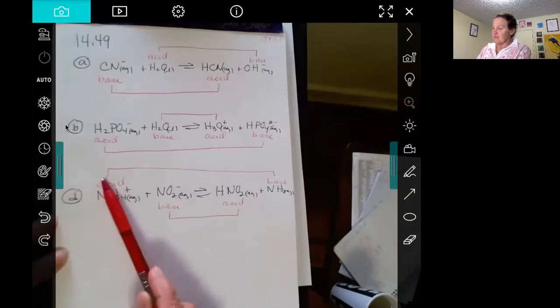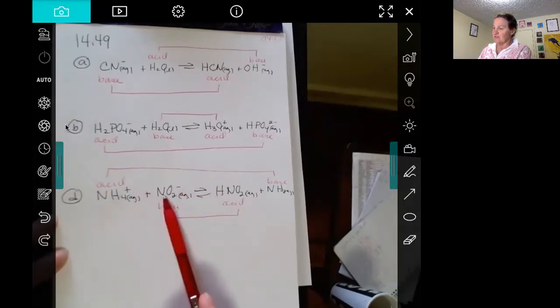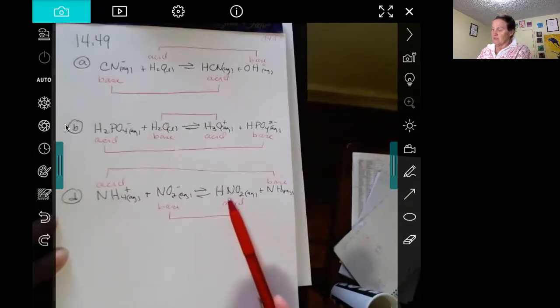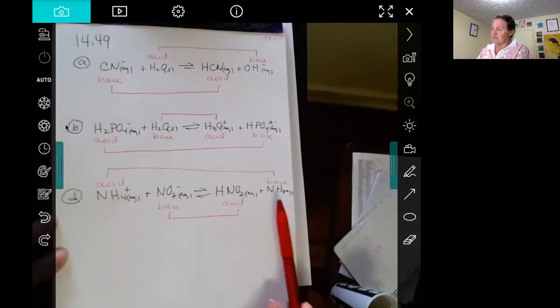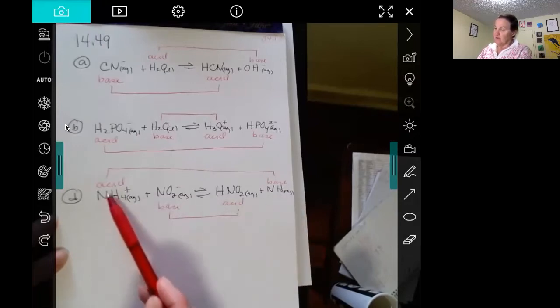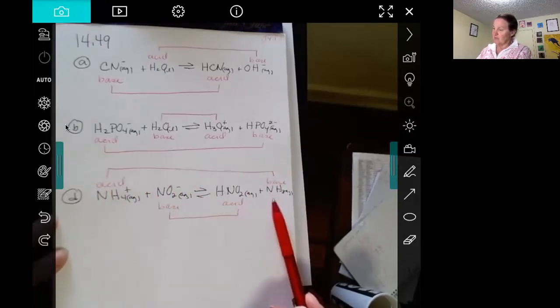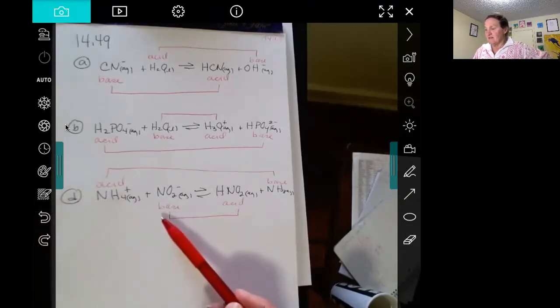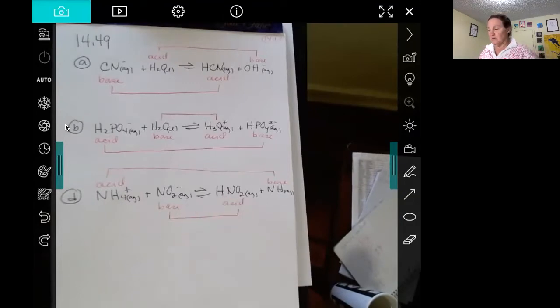This NH4 plus is acting as an acid because it's giving a proton to this anion. When that picks up a proton, it becomes an acid, and when this gave up a proton, it became a base. So you have ammonium and ammonia as an acid-base conjugate pair, and the NO3 minus is acting as a base, picking up a proton to become the acid in that conjugate pair.